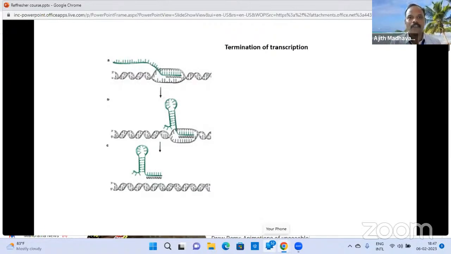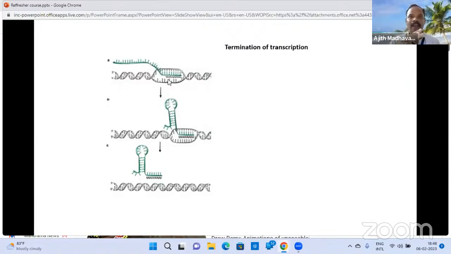In this case, you can see the termination point is marked by AU base pairs. So you can see a series of U here. What is so special about AU? I told you about loose tying. A and U are connected by 2 bonds.